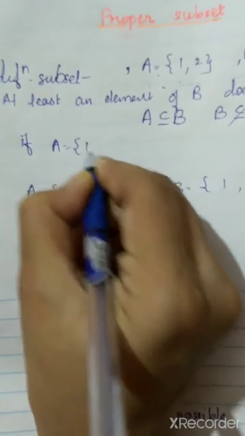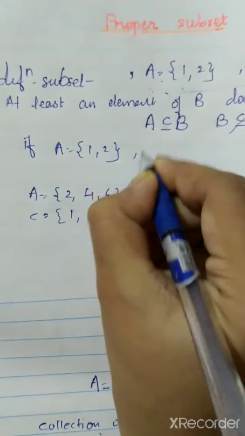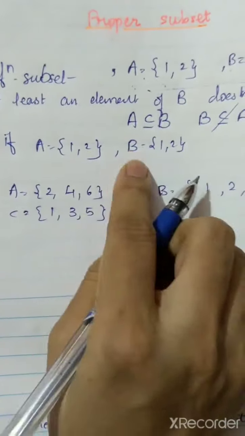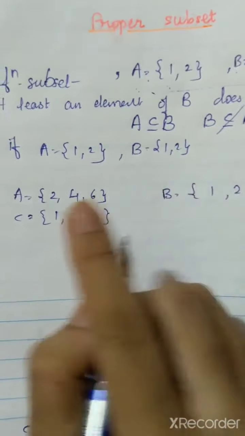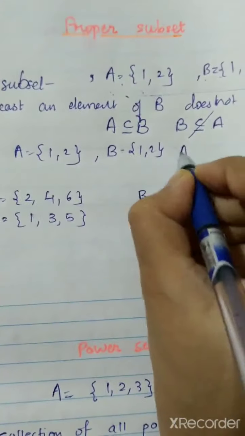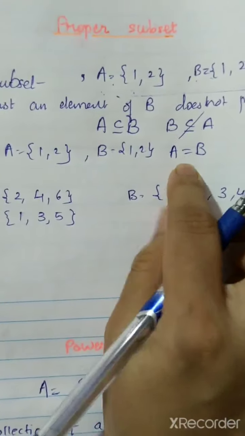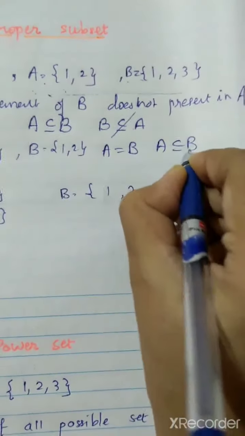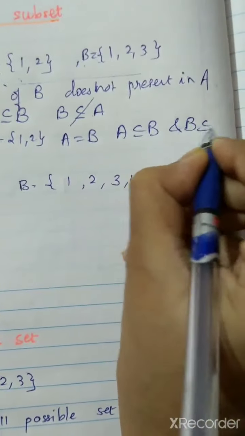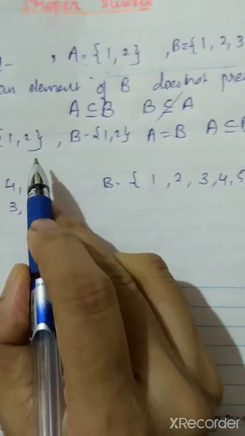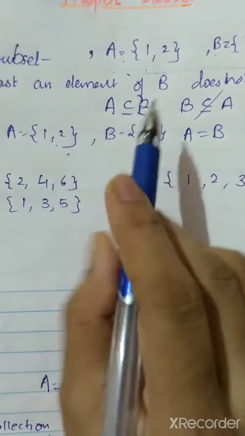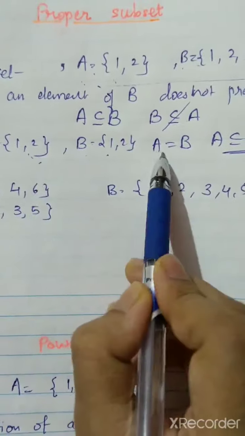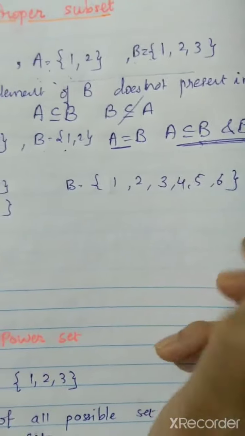If A is equal to 1, 2 and B is also 1, 2, that means what? These two sets are same, right? That means equal set. So A is equal to B. This time you can write A is subset of B and B is subset of A. That means every equal sets are subset of each other.